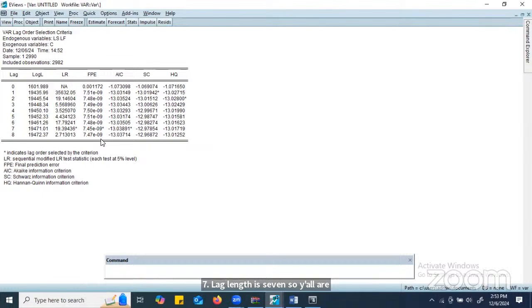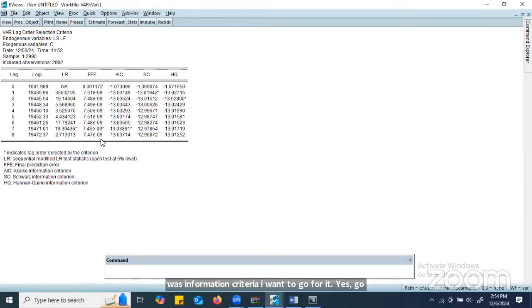FPE 7, AIC 7, HQ 2, and SIC 1. Now you take a call. Which lag length? If you choose the SC, Schwarz information criterion, go for lag 1.